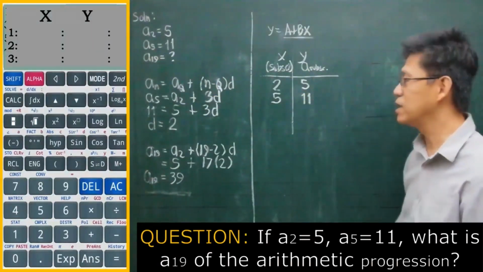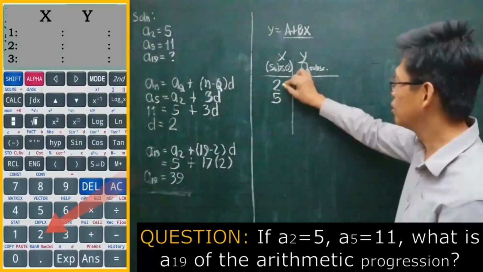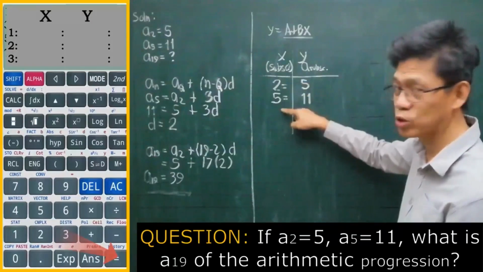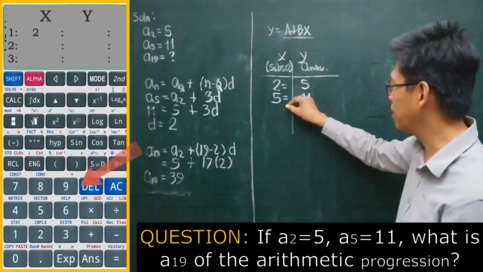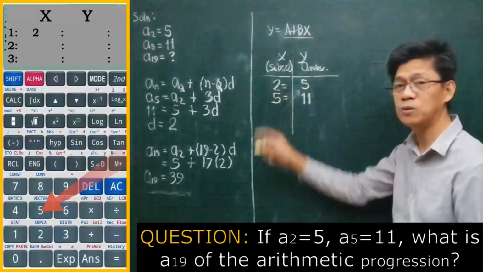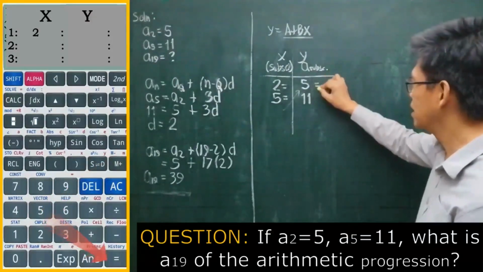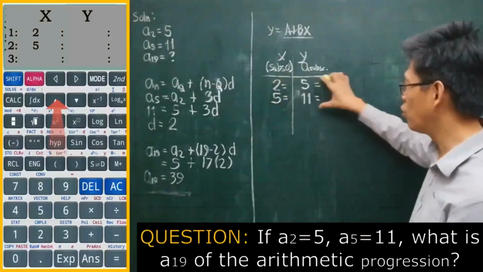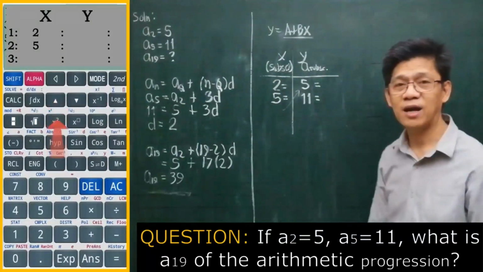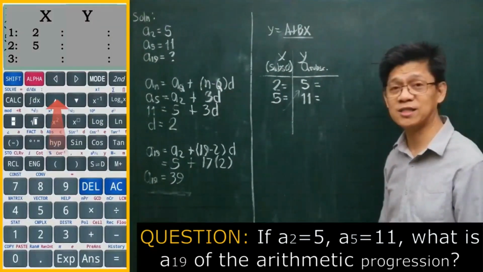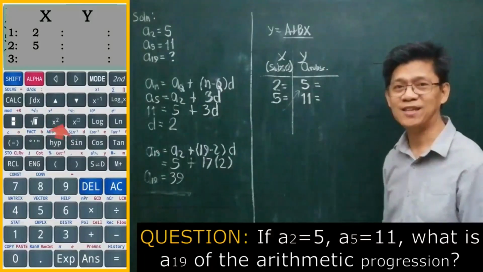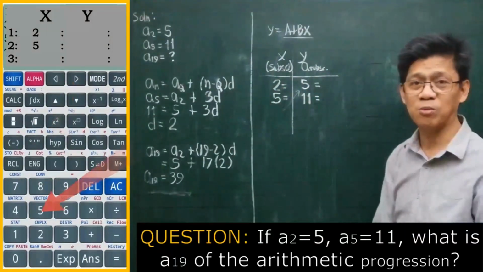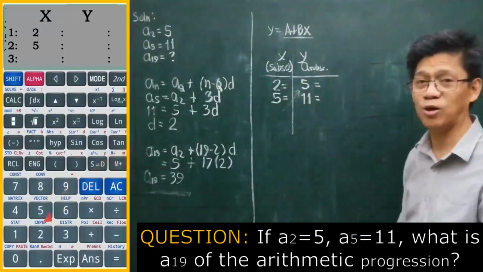So, ang gagawin mo lang dito, press 2 equals, 5 equals, bababa yung cursor dito, ibalik mo lang siya dun sa tapat ng 2, then 5 equals, 11 equals. Once na input mo na yung ordered pair, ang next step mo is press AC. Yung AC natin is makli-clear yung screen mo, pero yung data nakapasok na sa loob.